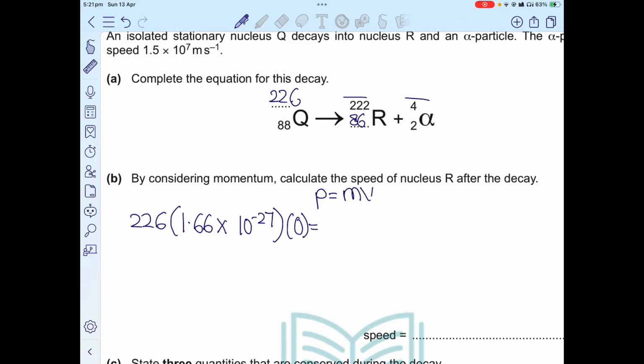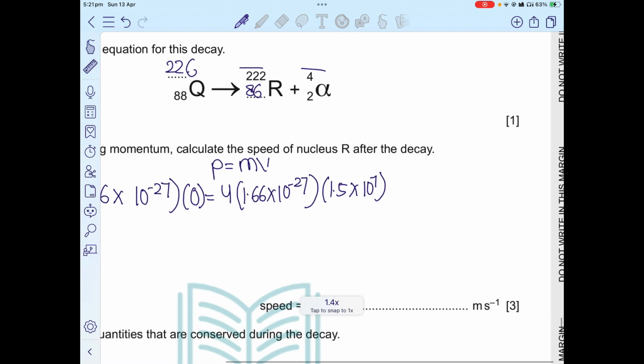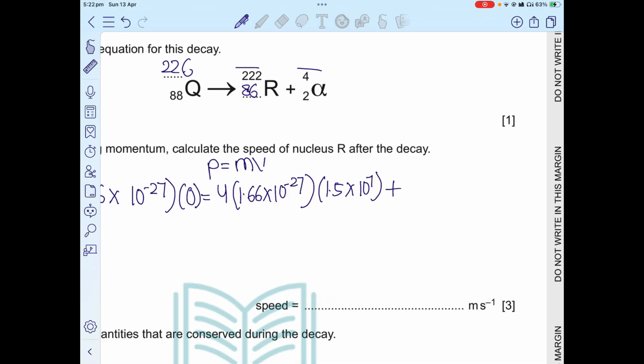This is equal to the alpha particle, the mass is 4, and we'll multiply this by 1.66 × 10^-27, because 4 is in atomic mass units, it's not actually in kg, times 1.5 × 10^7, which is the speed, plus 222, the next mass, times 1.66 × 10^-27 again, and what we have is the velocity, which is v, which we're trying to find.